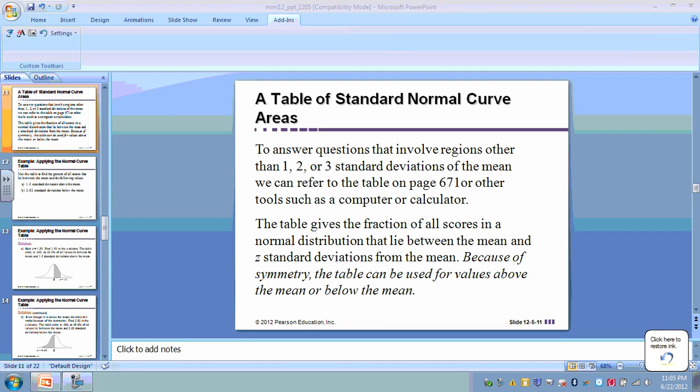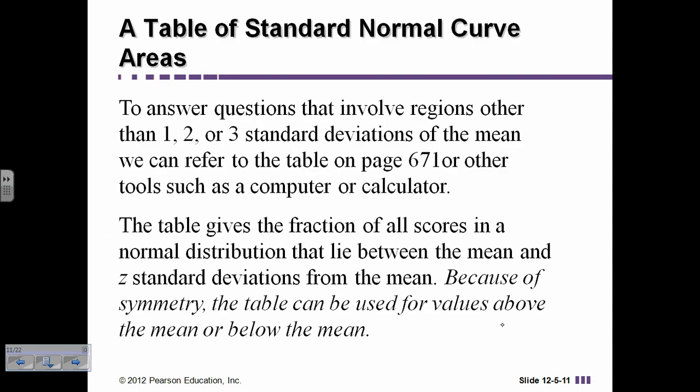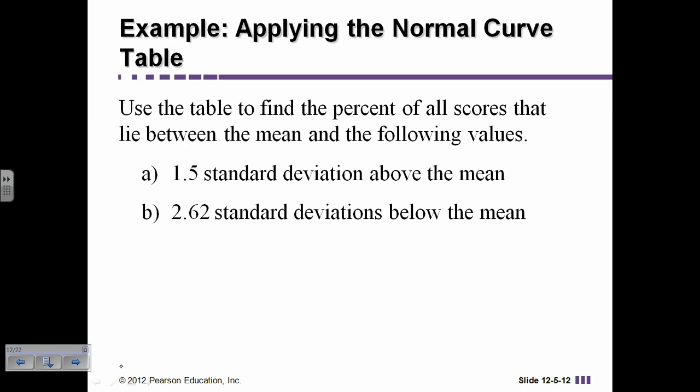So let's go back to this. This table gives you the fraction of all the scores in the normal distribution that lie between the mean and z standard deviations from the mean. So you can figure out the above and below values using that table. What if I wanted 1.5 standard deviations above the mean?